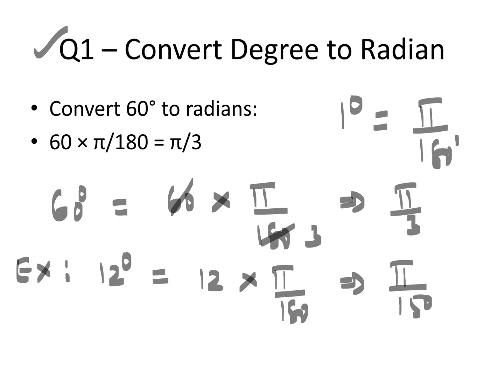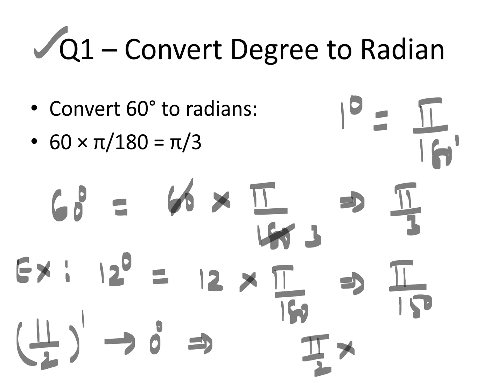And the other thing is, suppose you want to convert radians in terms of degrees. Suppose I want to convert 11 by 2 radians in terms of degrees. So 1 radian means 180 by pi. 11 by 2 into 180 upon pi. Here I am using the approximate value of pi as 22 by 7.